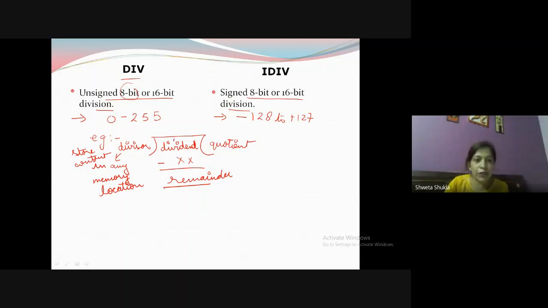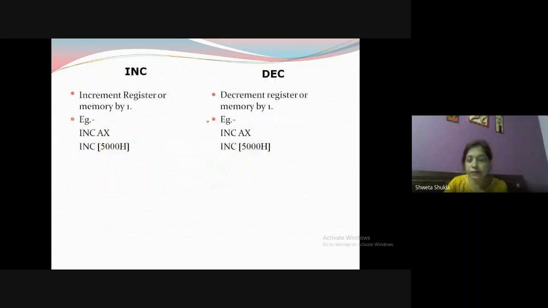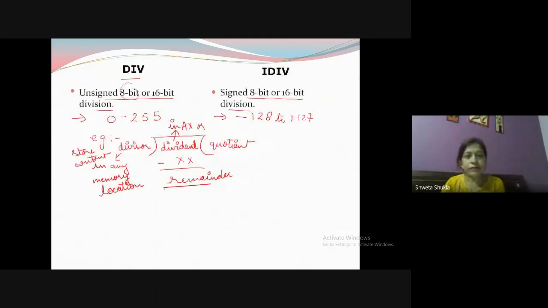Now, if we are talking about the dividend, then this dividend can be stored in either the AX register or the DX register. So this dividend can be stored in AX or DX, and the quotient can be saved in the AL register.